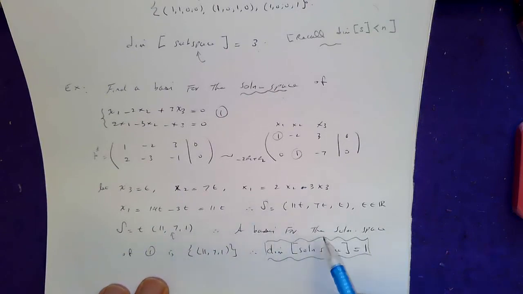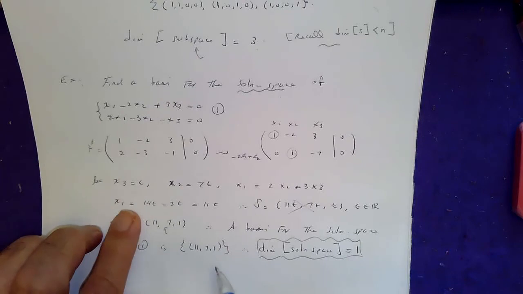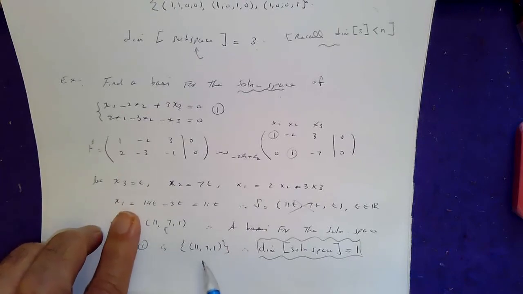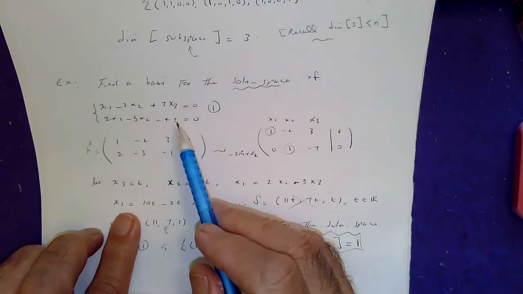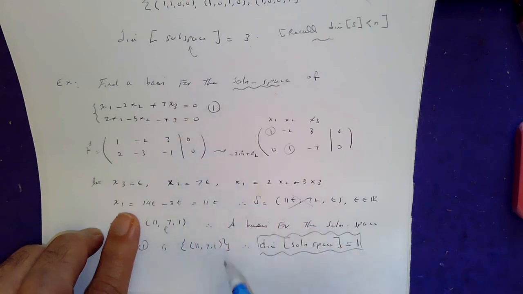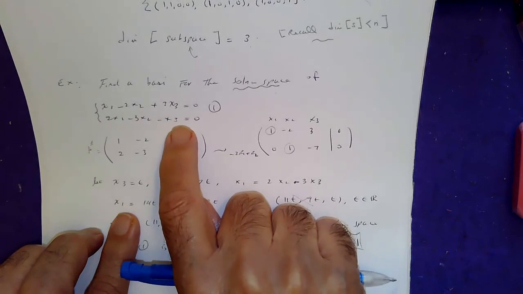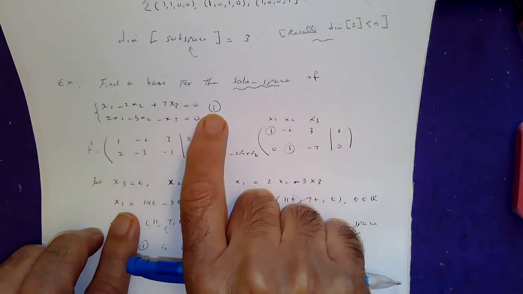So therefore, a basis for the solution space is not this, it's just this single vector whose components are 11 and 7 and 1, because every other solution to this system of homogeneous equations can be built or generated by this particular vector. So this guy forms a basis for the solution space of equation system 1.